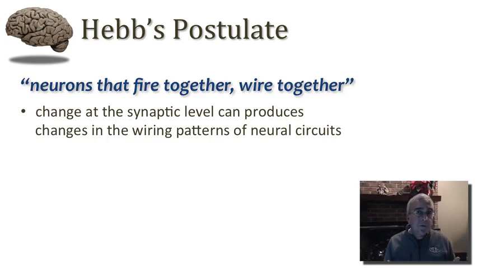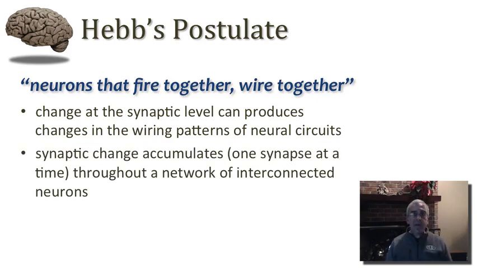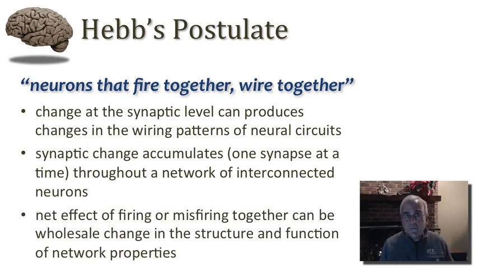This is why I love this phrase from Larry about wiring together, because it really points to the long-term and broader consequences of a change in activity that occurs at the synaptic level. And so this synaptic change accumulates throughout a network of interconnected neurons, and the net effect of firing or misfiring may be wholesale change in the structure and function of network properties. So in this way, the unitary change of synaptic strength can be compounded throughout an entire network of connections.